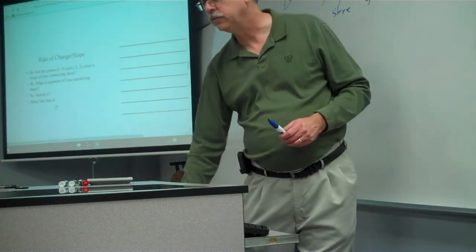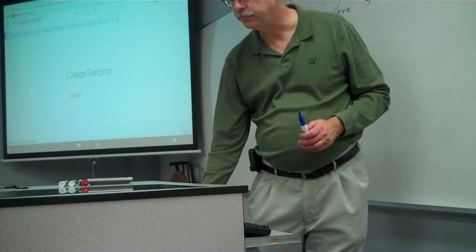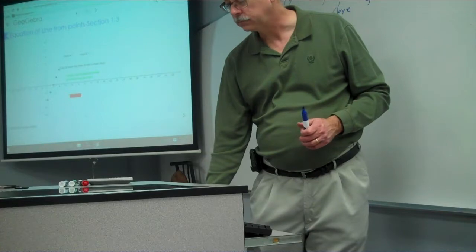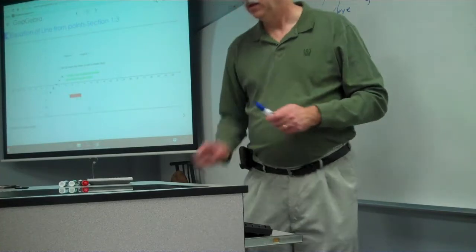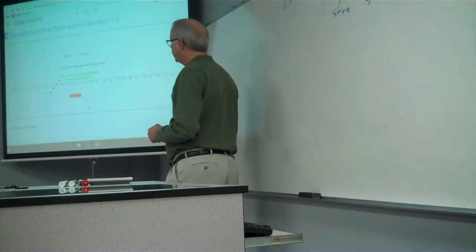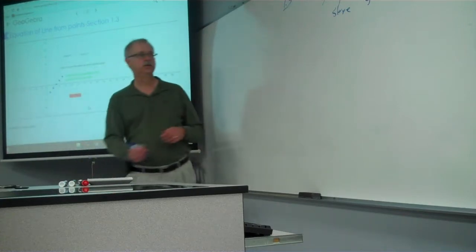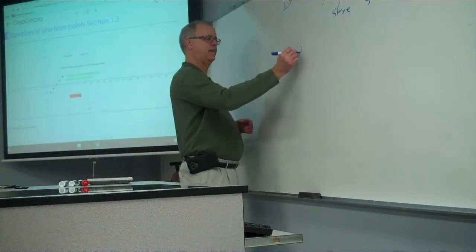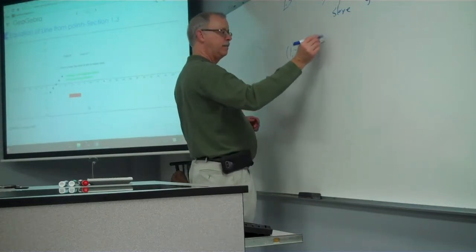So for example, if we go to the worksheet with this one, we'll look at this. We've got some points. What do we have here? 1, negative 2, and 2, negative 1.